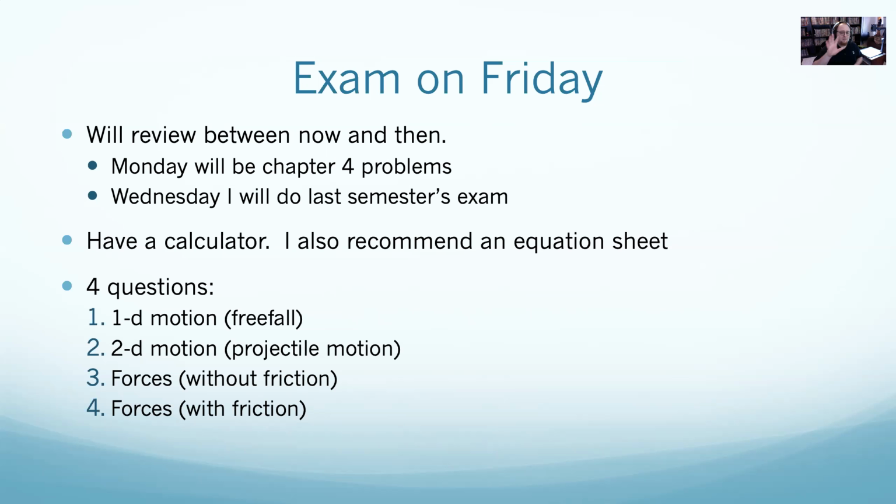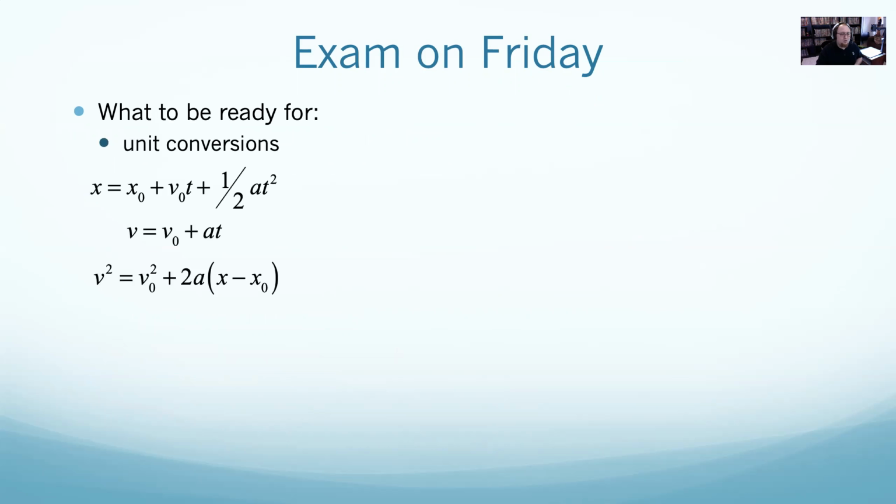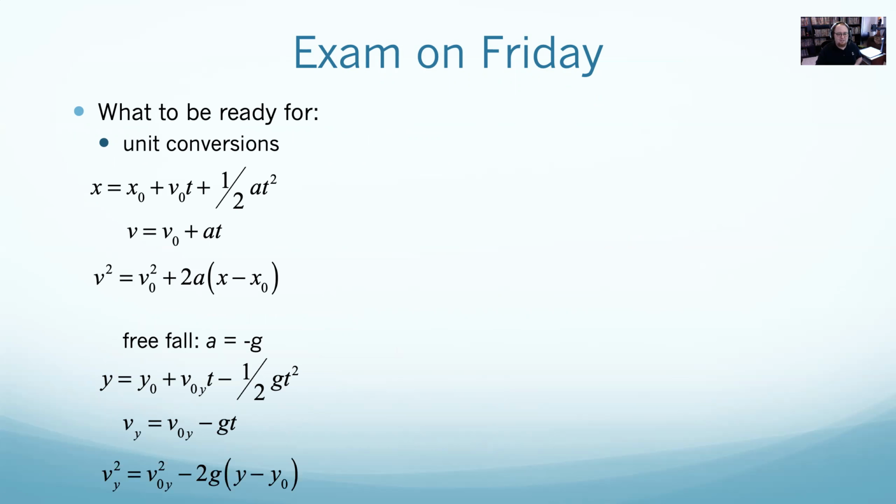So, knowing that's what's going to be on it, this is what you should make sure you know. Unit conversions will get mixed in. Know your kinematics. But really, as I said, it's going to be with free fall. So for free fall, we just change our x's to y's and make our a's negative g's.